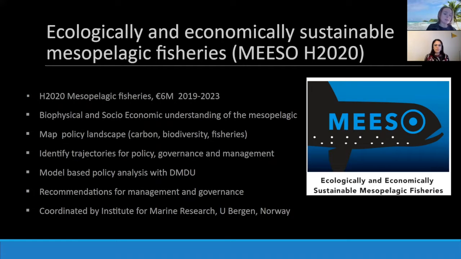The aim is to get biophysical and socioeconomic understanding of the mesopelagic zone through scientific investigations using acoustics, genetics, scientific cruises, and then also looking at things like stakeholder analyses and carrying out analyses and models of the socio-ecological system in order to make recommendations for policy and management and potentially governing this resource and keeping it safe.